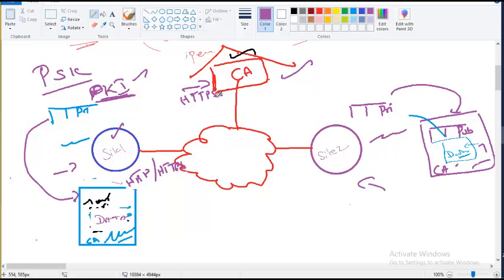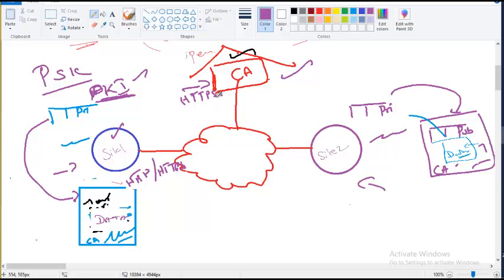Okay. My question now is, after the router contacts the CA and we have the signature for the public key verification, how do both routers of site 1 and site 2 communicate? No, they send it through the internet. It is ISAKMP. It is a UDP 500 packet. You don't need an email.